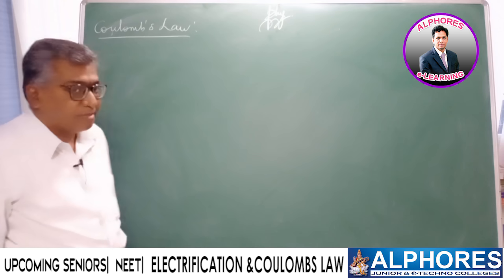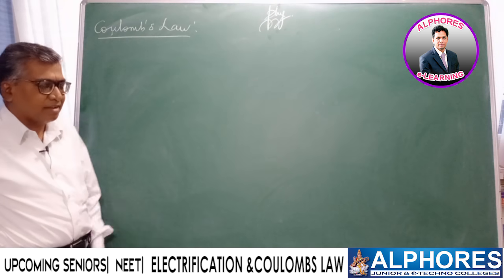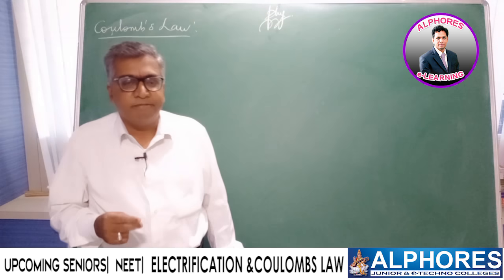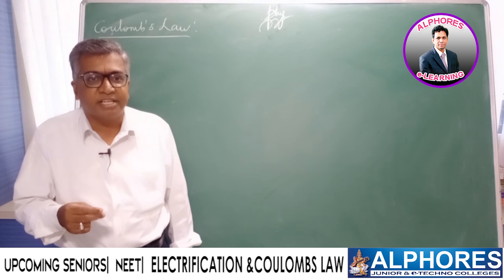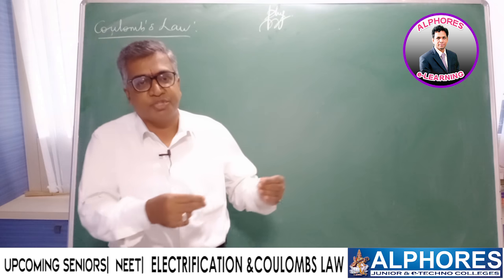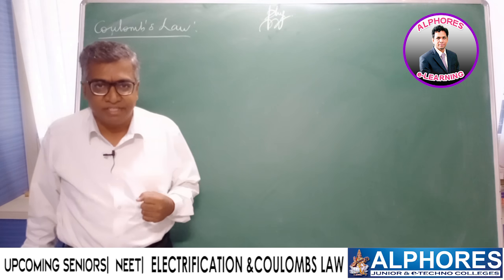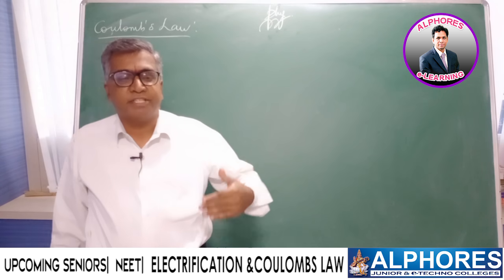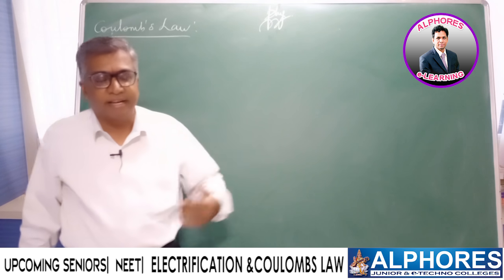For example, let us have a small demonstration. Consider, we have studied electrification. The process of giving charge to a body is called electrification. I have explained various methods, right? Charging by friction, charging by conduction, charging by induction.